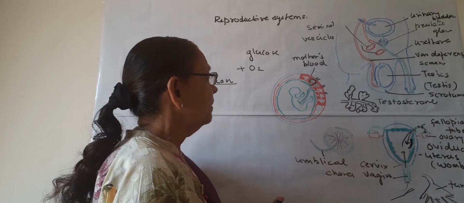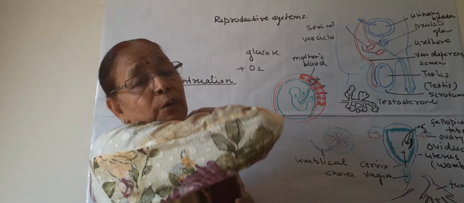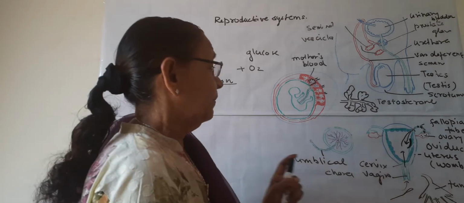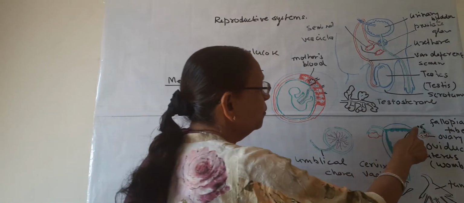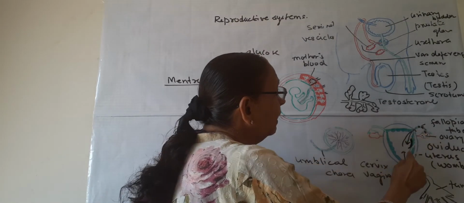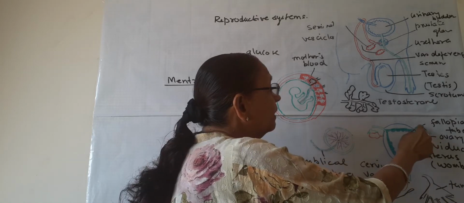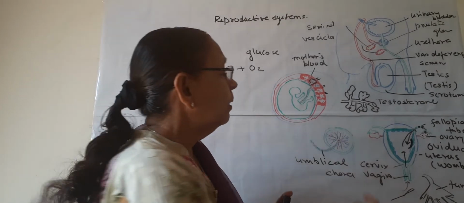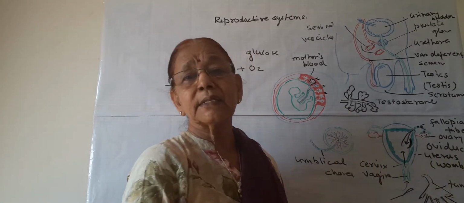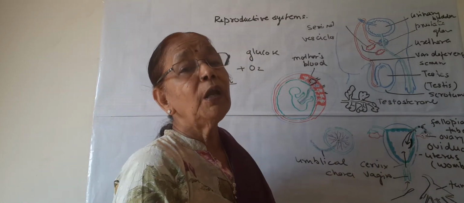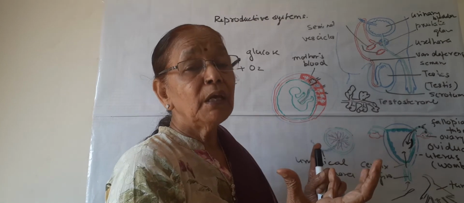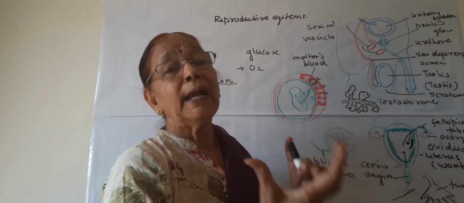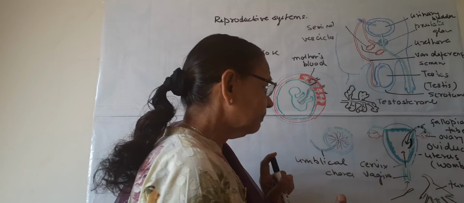Now what is this menstruation and why is it there? I have just told you, this is the egg. If it gets fertilized, then this fertilized egg comes to the womb or uterus and attaches itself to the uterine wall, which is now spongy, filled with blood vessels and nourishment.